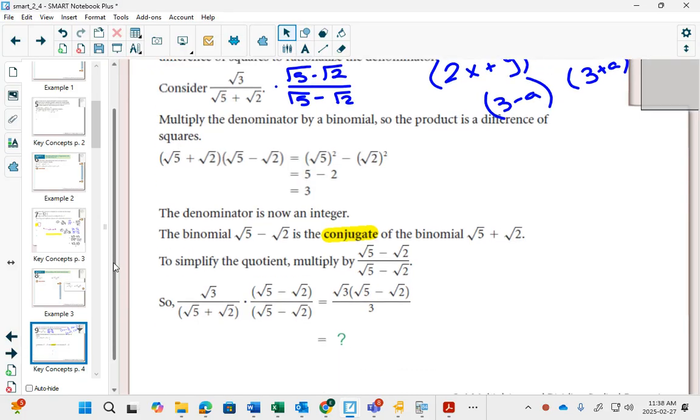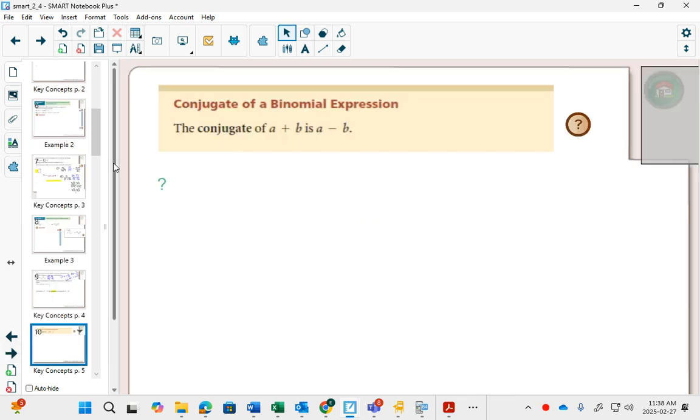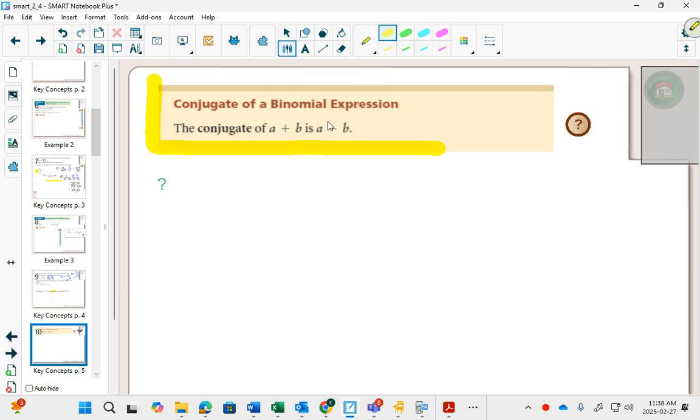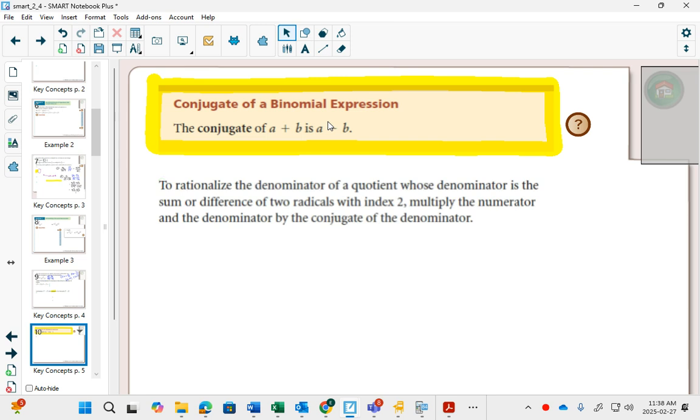And what happens is that the bottom, the square roots, nicely go away, and you have rationalized your denominator. So at the bottom, if you want to put a highlighter box around this, the definition of a conjugate, that's perfect. And now we're going to rationalize the denominator when we have a binomial.